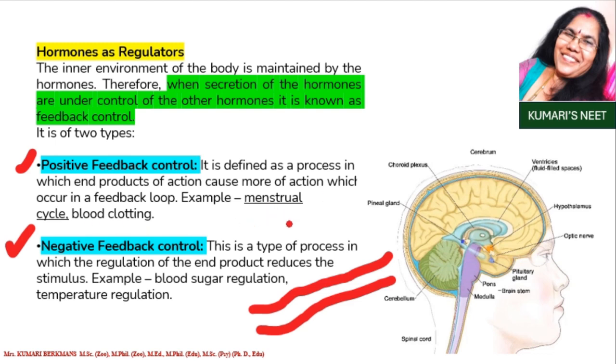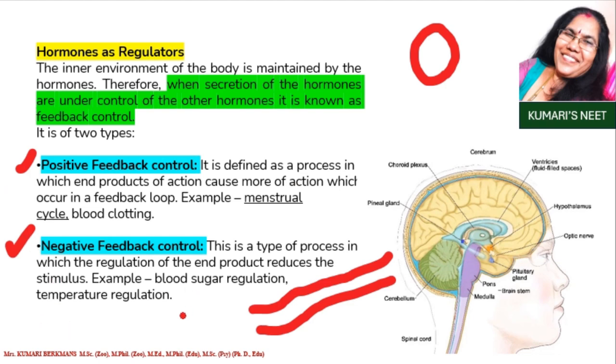After the menstrual cycle, everything will be in control. It is a process in which the end product of action causes more of the action in a feedback loop. So continuously the menstrual cycle takes place in the body of females. That is the example for positive feedback control.